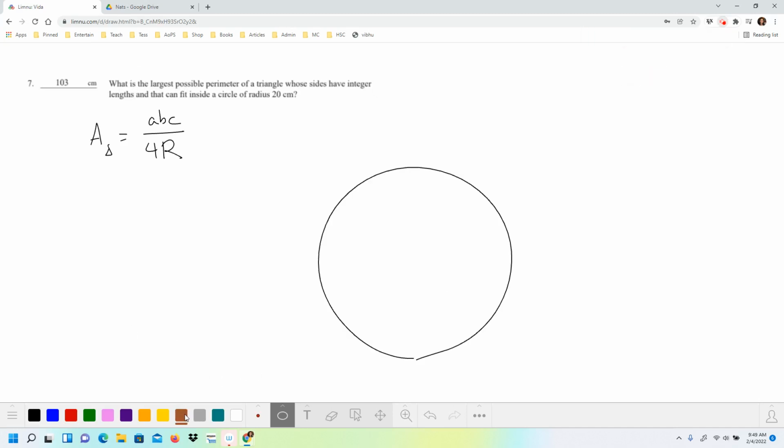The next thing I want to show is that for a given circumradius, if we want to maximize the perimeter of a given triangle, let's consider this circle with a given circumradius, and let's draw a couple of triangles with the same circumradius, this red one and this green one.